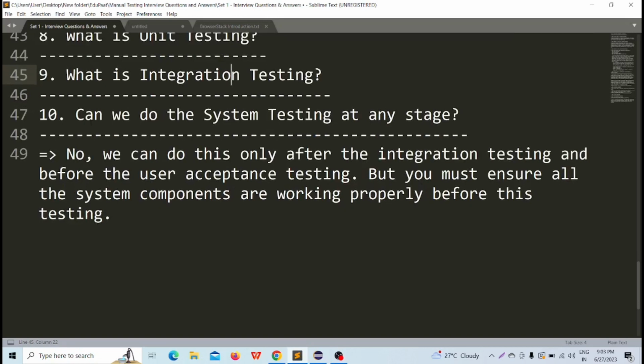That is a very important question for interviews. Can we do system testing at any stage? No, we can't do system testing at any stage. We can do it only after integration testing and before user acceptance testing.